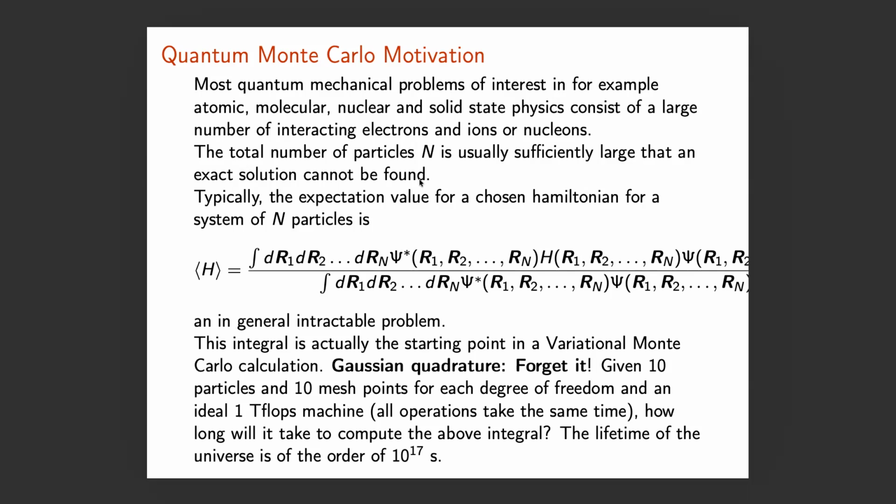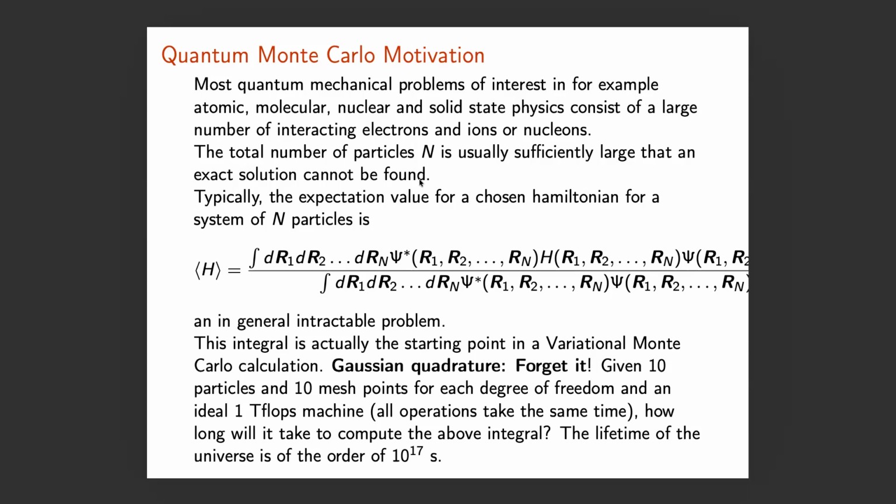If you assume that every evaluation takes the same time, and you have a machine which runs at, let's say, a teraflop, so you can do 10 to the 12th computations per second, you would need 10 to the 18 seconds to calculate that integral.